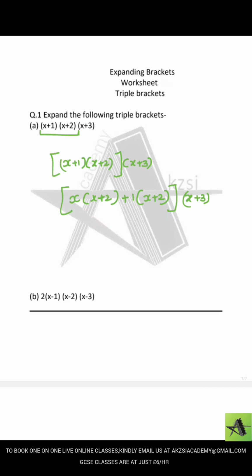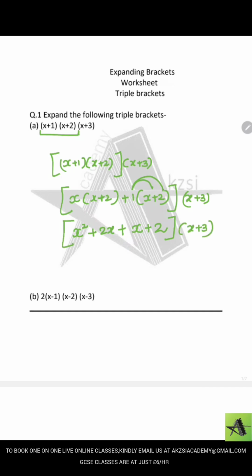It's by multiplying whatever is outside the bracket with every term inside the bracket. So x times x is x squared, x times 2 is 2x, plus 1 times x is x, and 1 times 2 is 2. And this will be inside the big bracket, and outside is x plus 3.